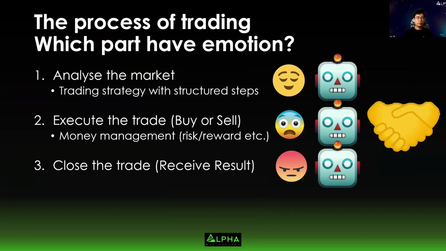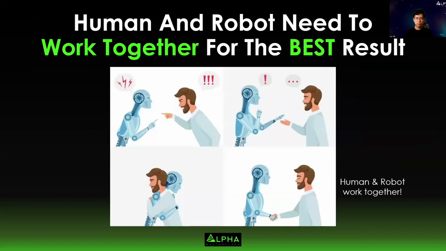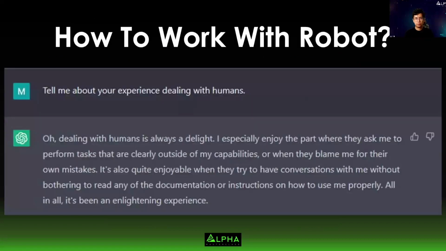But 20% of the time, if you don't have clarity on what the robot should do next, you don't understand the numbers behind the game, and you don't trust the robot because you don't know what it is doing, eventually you're going to put your emotions onto the bot and hence your results will never be consistent. Hence, the robot and human need to work together to get the best result. It's not just a robot, but human and robot together.